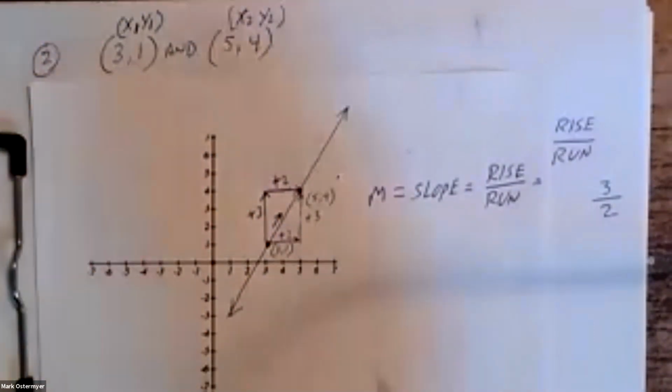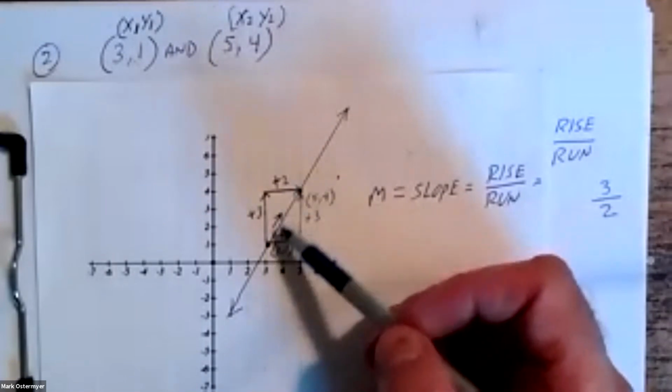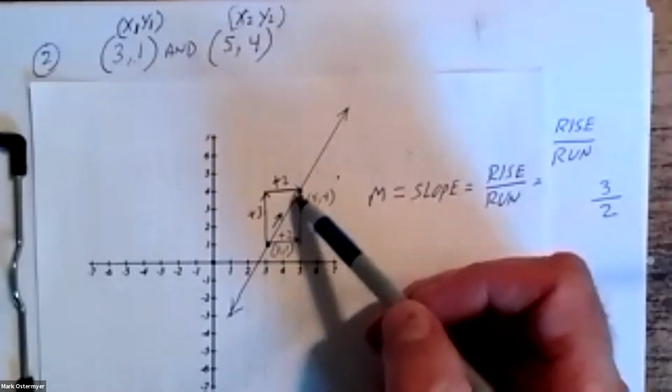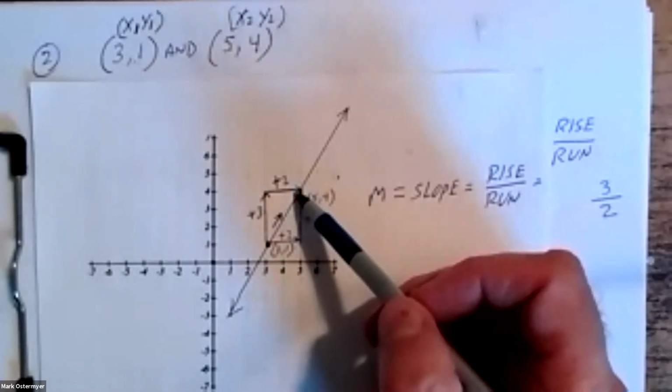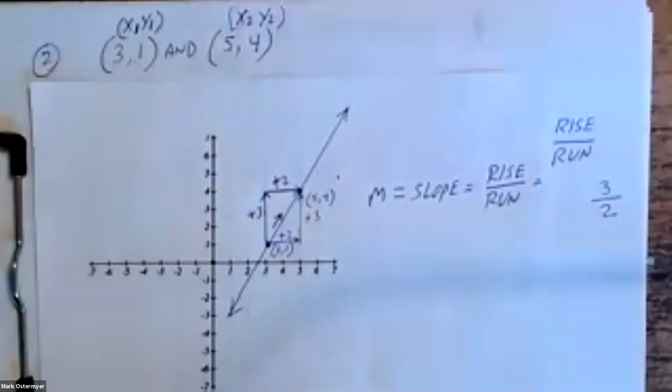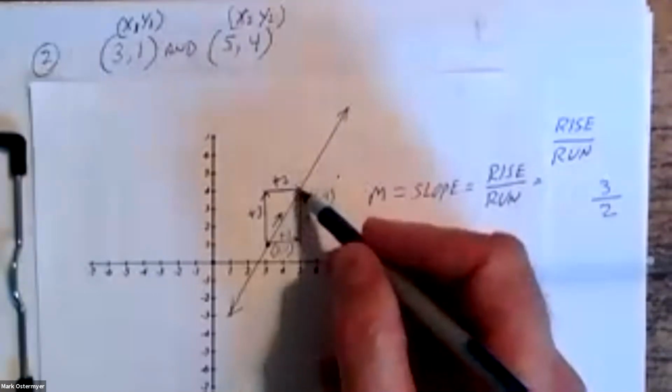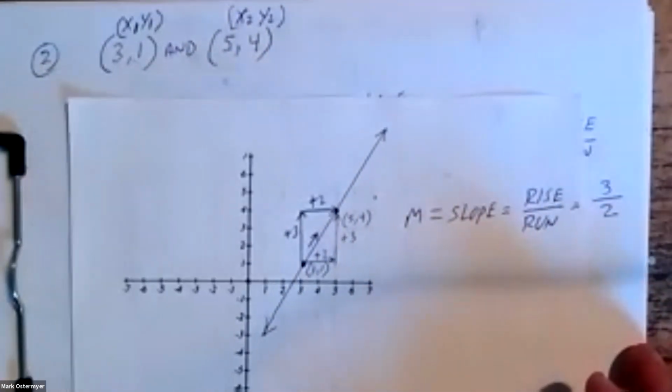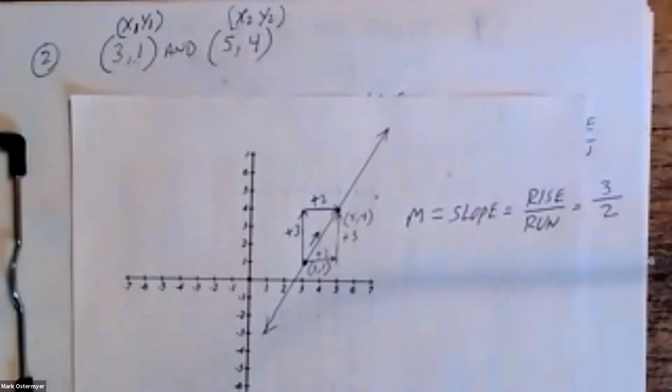Now, again, it doesn't matter which way you move along this line, whether you move from (3, 1) up to (5, 4), or if you walk from (5, 4) down to (3, 1). What if you did walk from (5, 4) down to (3, 1)? Would you get the same slope of 3 halves? And the answer is absolutely yes.